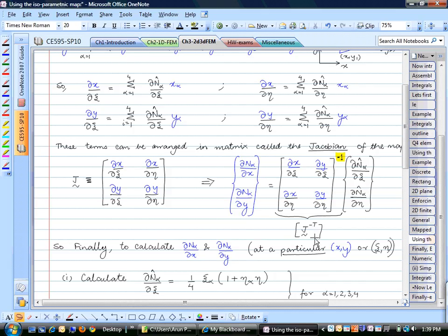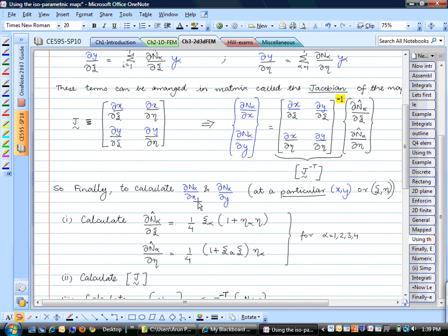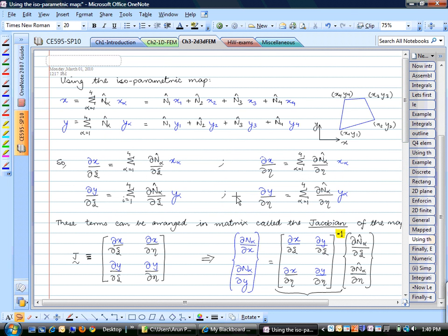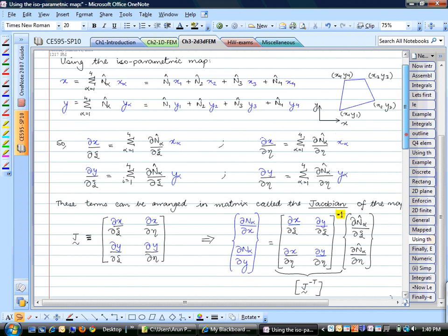Once you have this matrix, now you can go back and find your N alpha derivatives with respect to x and with respect to y, and plug them into your expression for the B matrices. So you already know this; this is on the parent domain, and this is something that we just calculated using this long procedure.